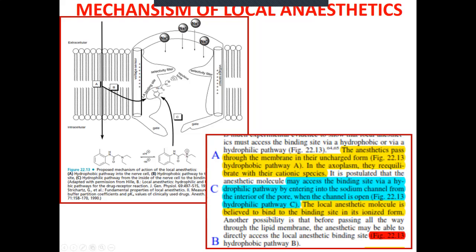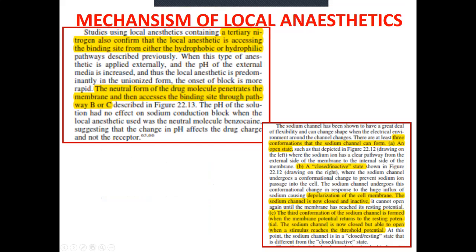Okay, and sometimes the hydrophobic pathway, where this is a lipid, is also followed. It depends on the drug. So tertiary nitrogen presence helps to bind with the site as hydrophobic or hydrophilic in nature. The neutral form of the drug helps to penetrate the membrane from extracellular into the intracellular. Once intracellular, either the hydrophobic pathway of B or the hydrophilic pathway of C is followed.